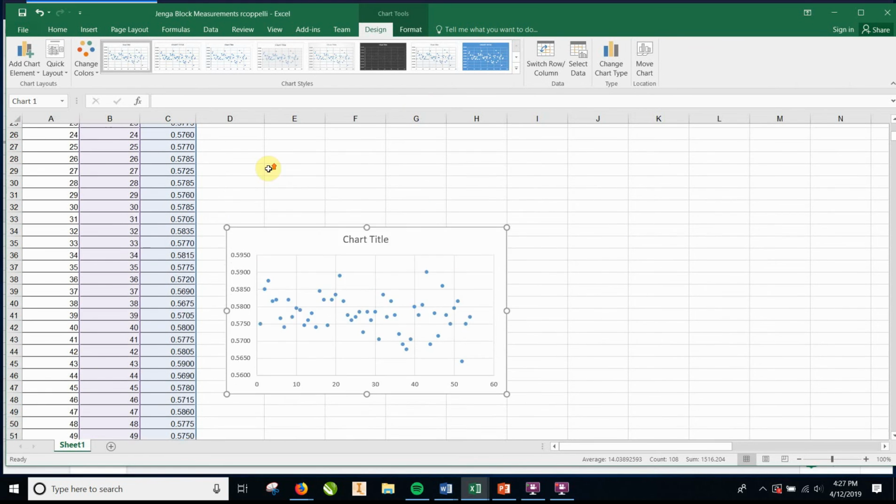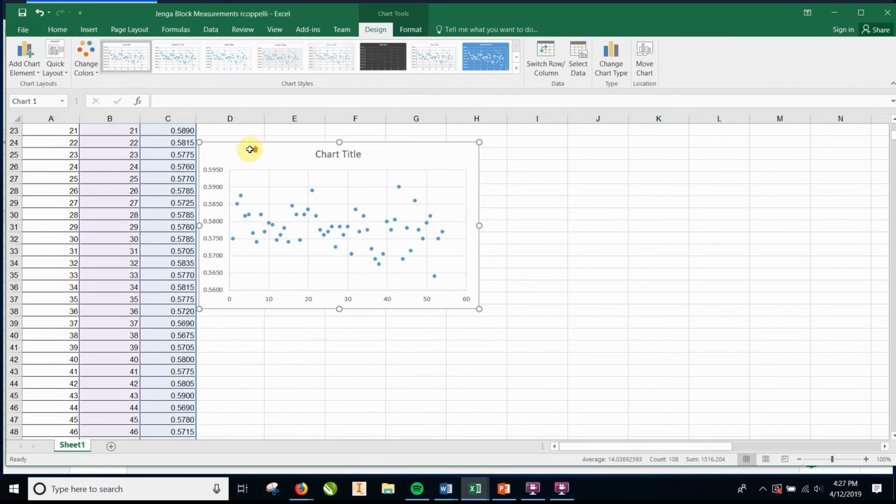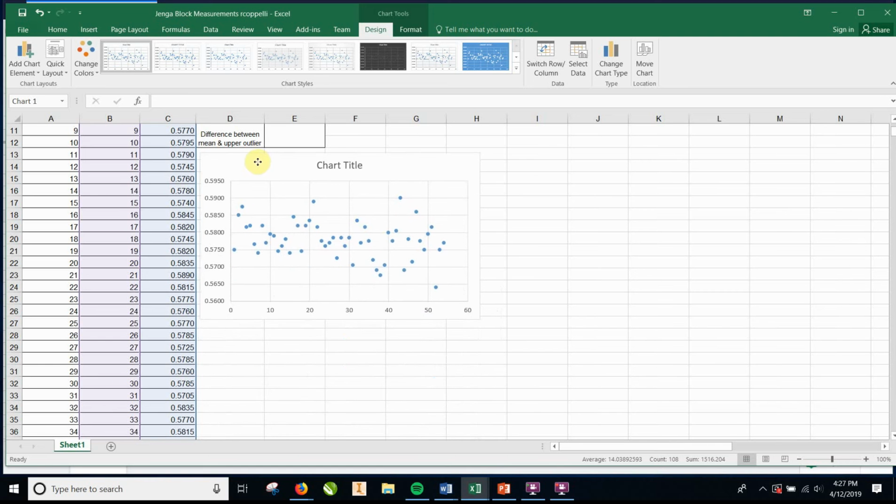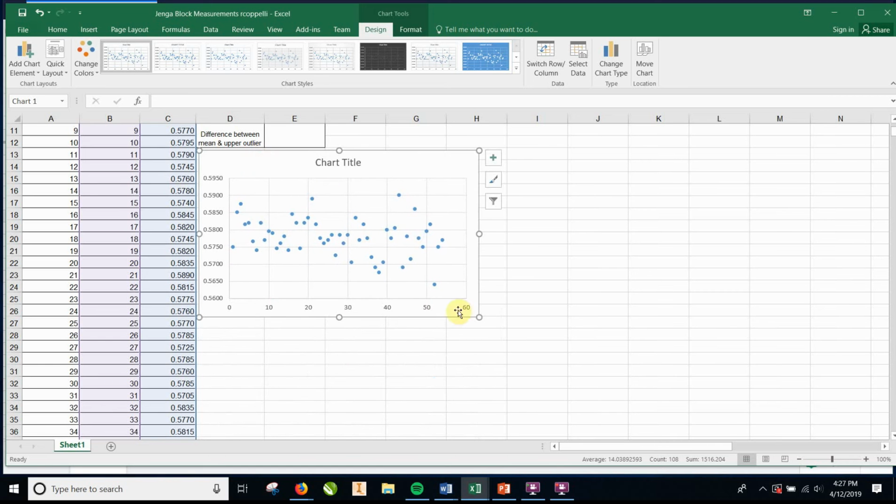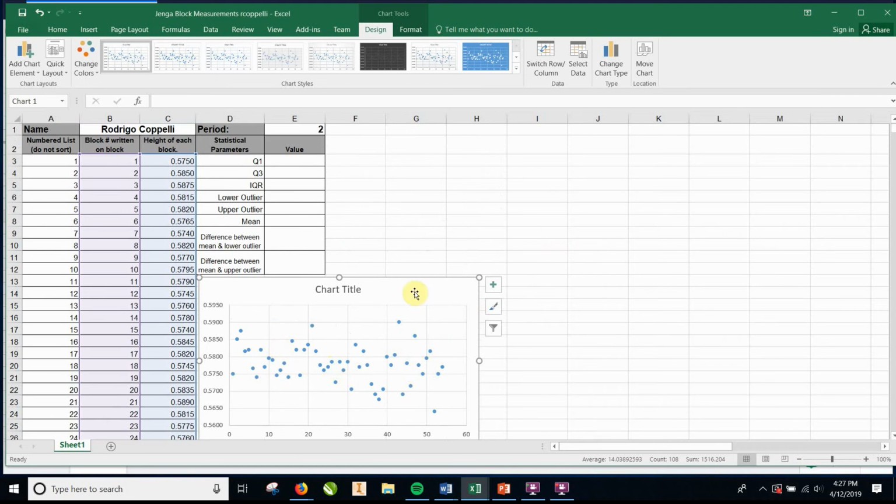I will be organizing all the stuff on here because I'm going to print it out, so I want to print it out right next to my data. So go ahead and put your graph right here.